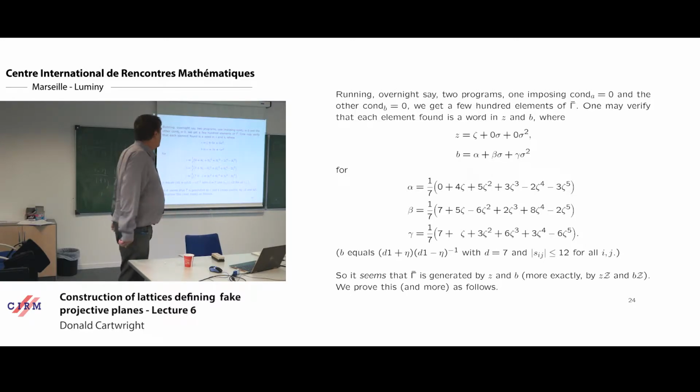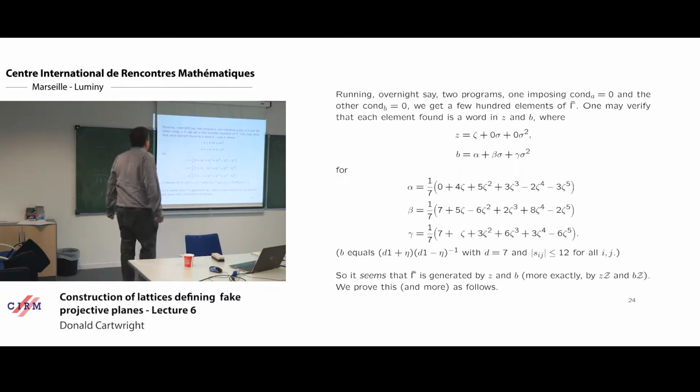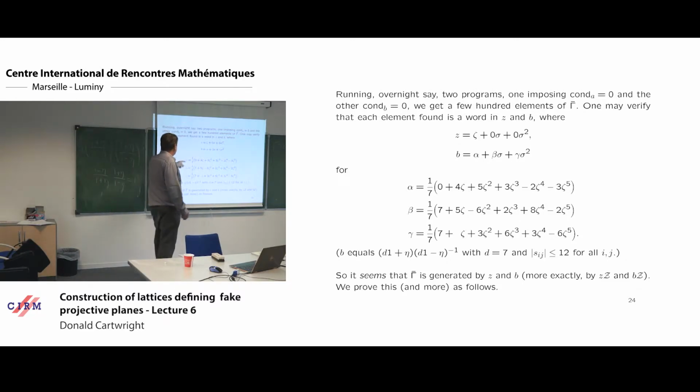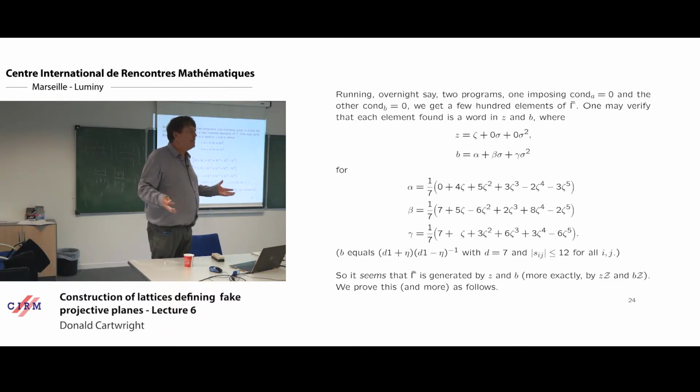It comes out quickly. So you run these 2 programs, you get a few hundred elements, and you can just see that your output is, every element is a word in these 2 elements, where for this particular B. So it looks like the group is generated by Z and B. Okay, so I mean, obviously, I ran it over more than one night, and I ran it over several days, let's say, and got more output.